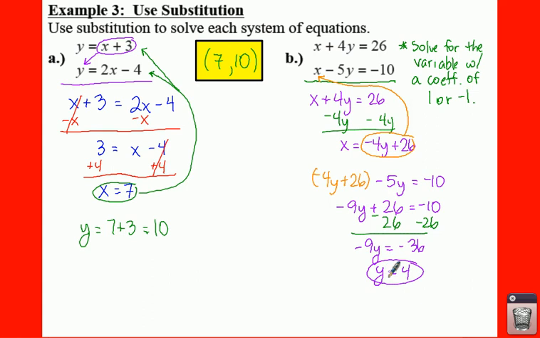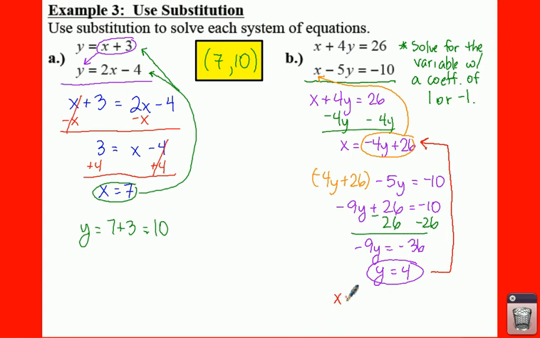Now, I've circled a couple of things here. The reason I circle what I substitute is, number one, so I know what I'm plugging in, but also because once you get your first variable, you can take this y value and plug it into wherever you circled originally. If you take this 4 and plug it in for y, you're going to get the answer for x.